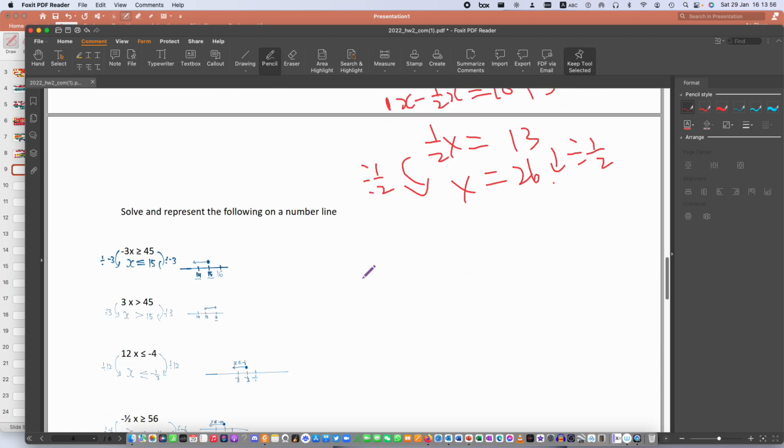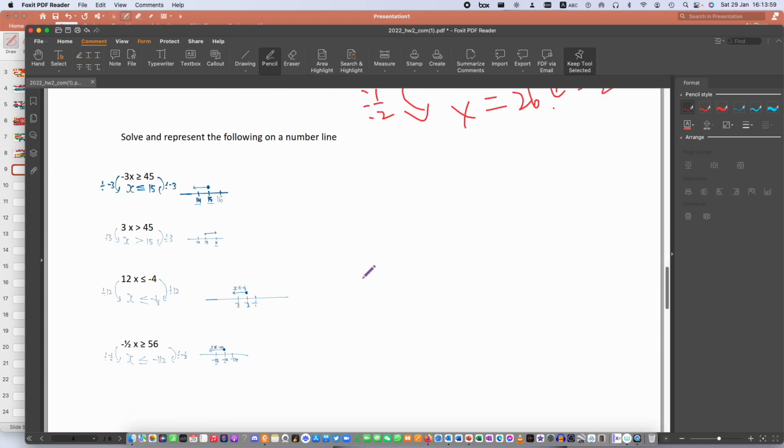Solve and represent. Okay, I'm not sure if you're right or wrong, but let's look at it. What is that one rule I asked you to memorize when you do inequality? If the number is a negative. Nope, you created your own rule already.